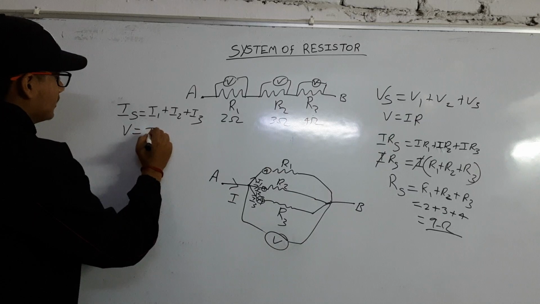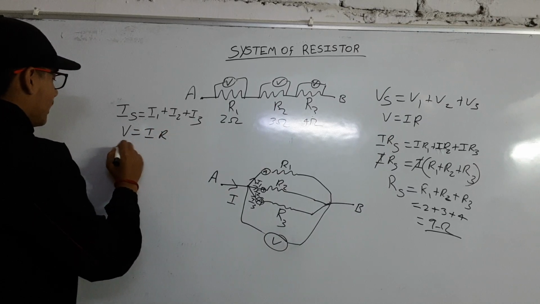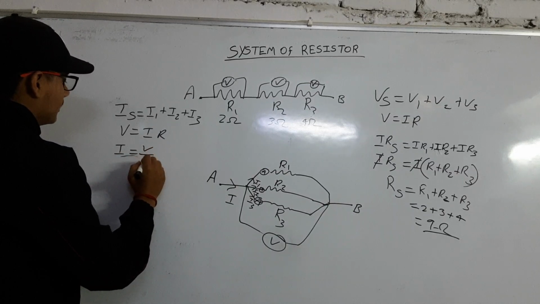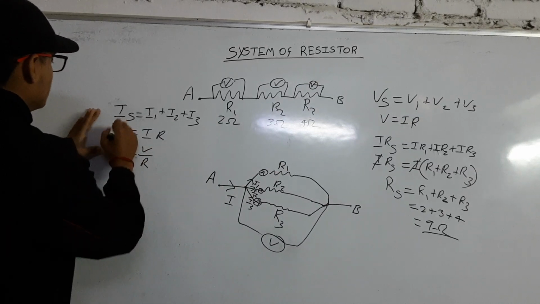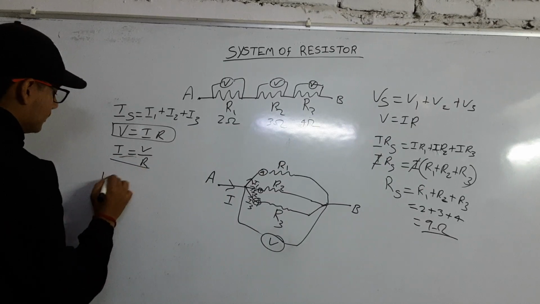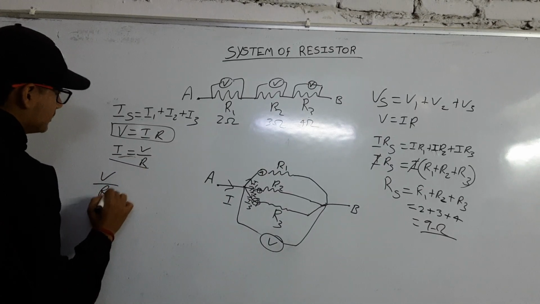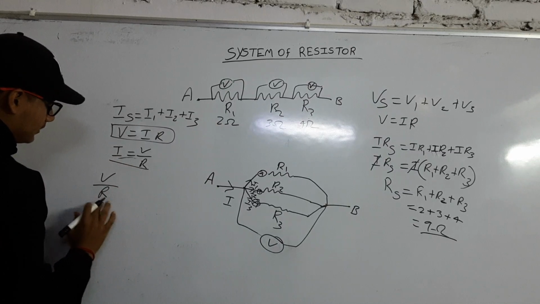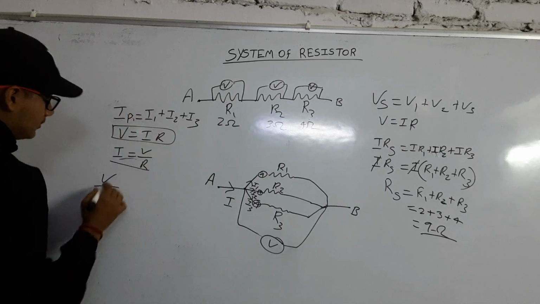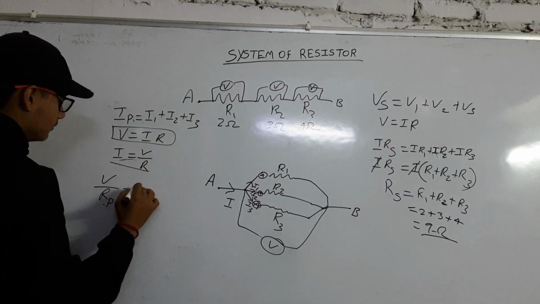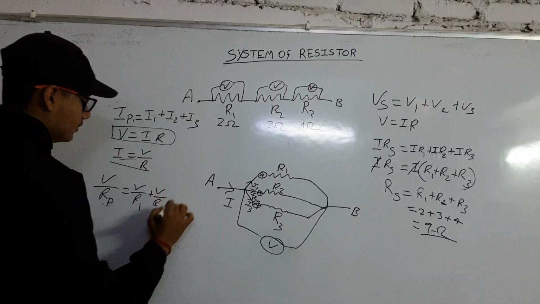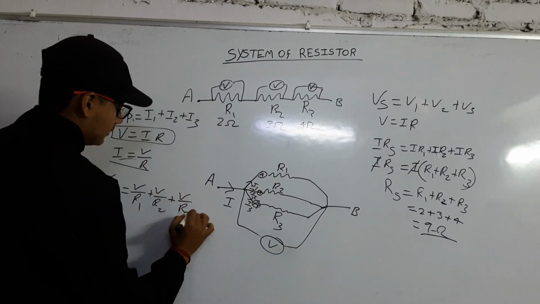V is equal to IR, and I is equal to V by R. So we will substitute all of them with I is equal to V by R. It will be V by Rp. It will not be S here, we can substitute it with P because it is parallel. So V by Rp is equal to V by R1 plus V by R2 plus V by R3.